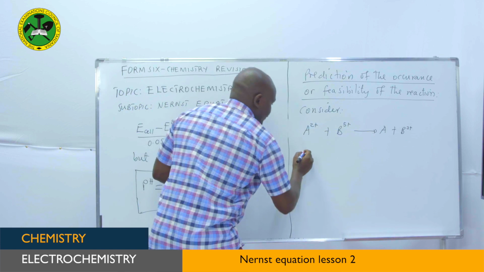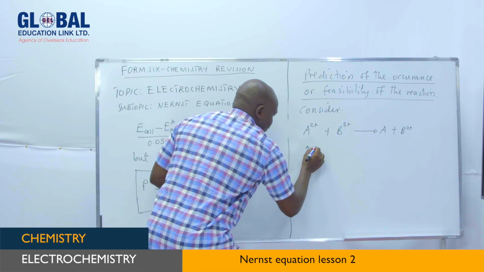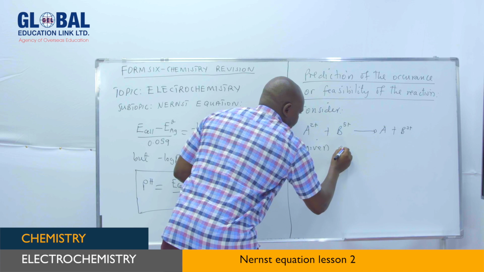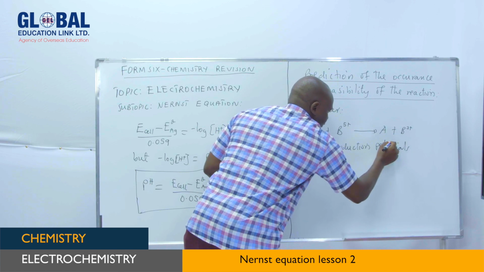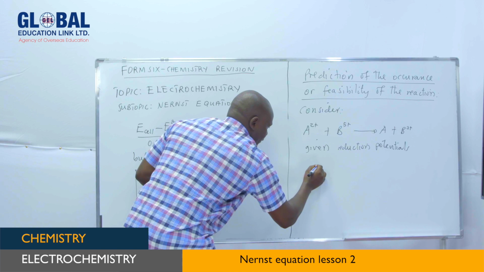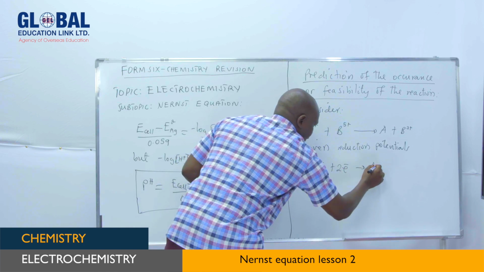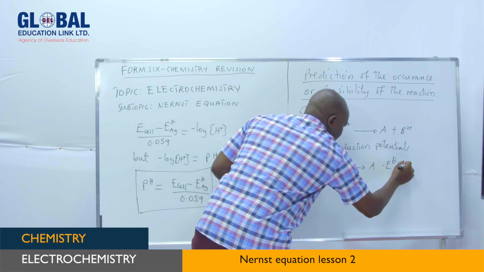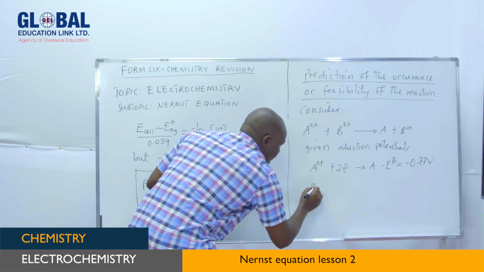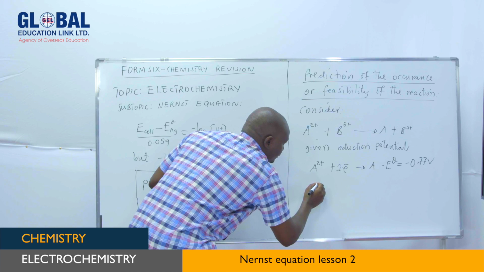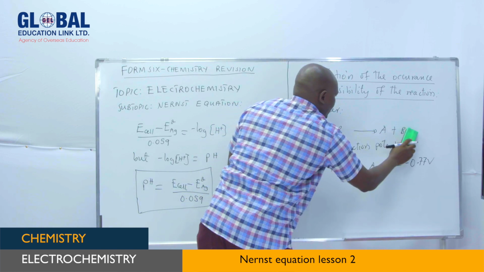For example, let's say that you are given the standard electrode potential of A, let's say it is negative 0.77 volts, and we have that of B. Let us change this one here, because it is a redox.